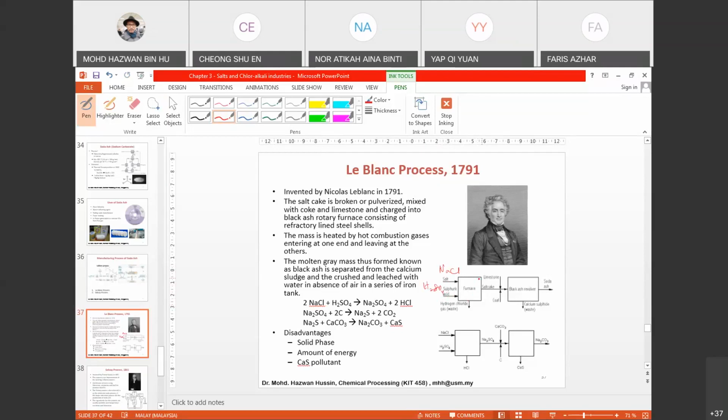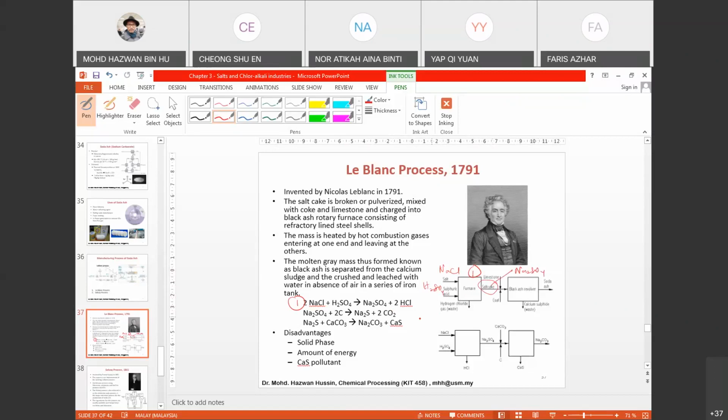This is the equation for process one. So 2 moles of sodium chloride react with sulfuric acid to produce sodium sulfate. The sodium sulfate is basically the salt cake that we are talking about.